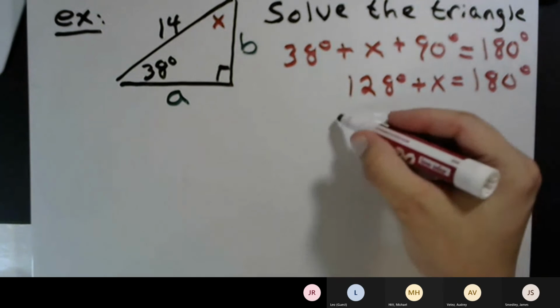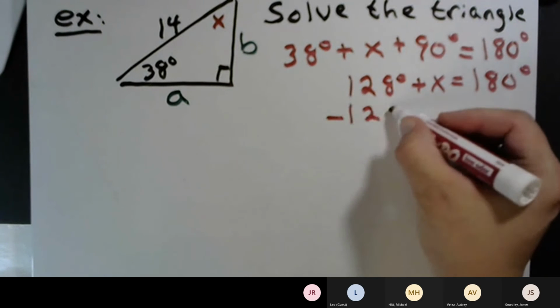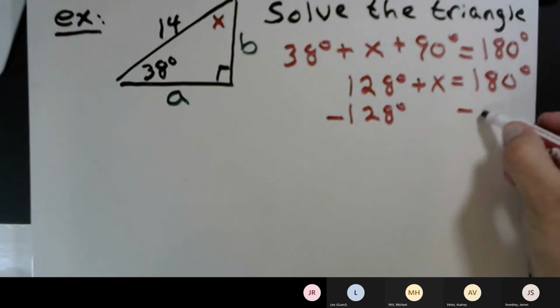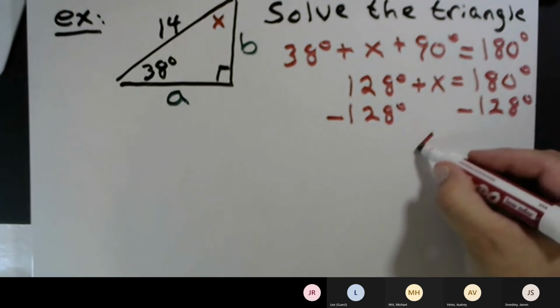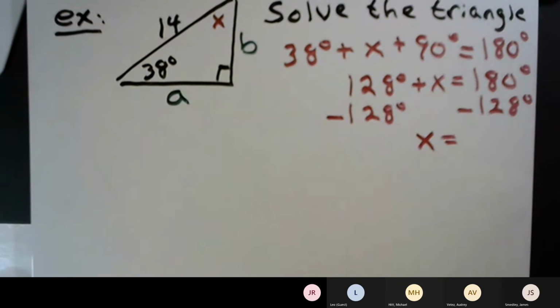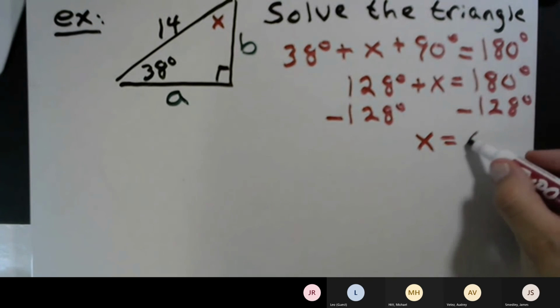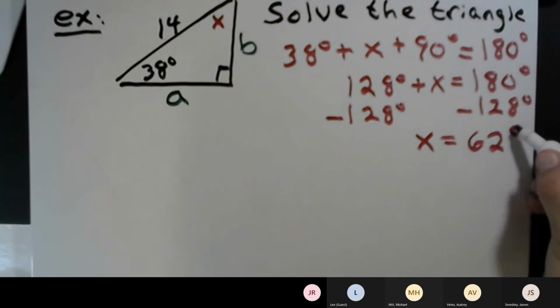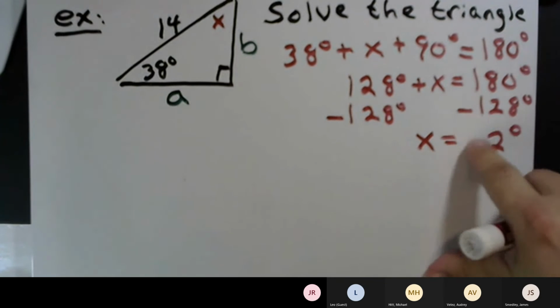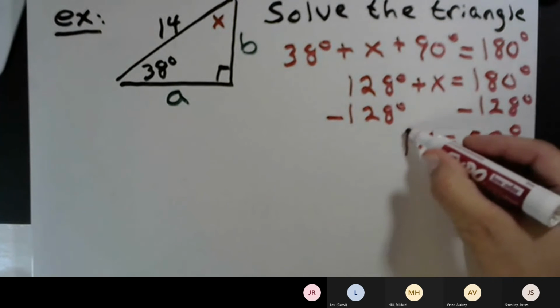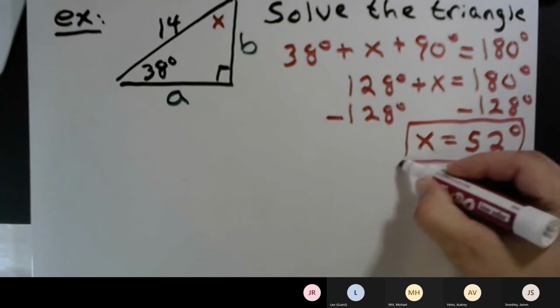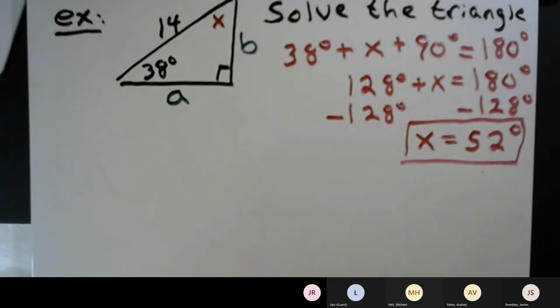Get X by itself, subtract 128 from both sides. And that's going to give us 62. Oh, I'm sorry, 52. So that's how we can find angle X.